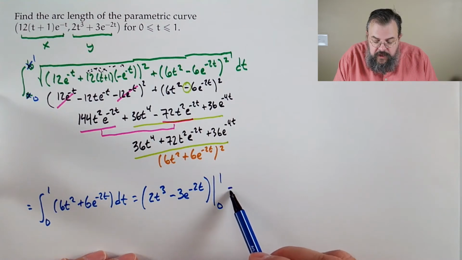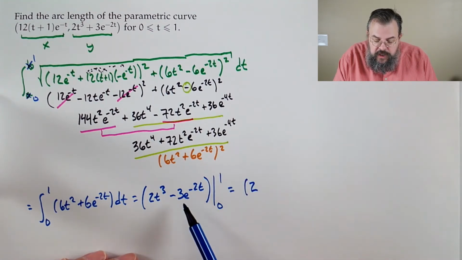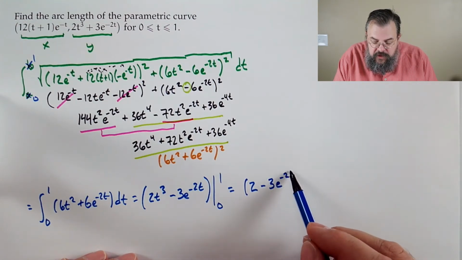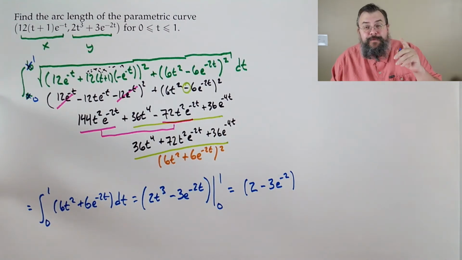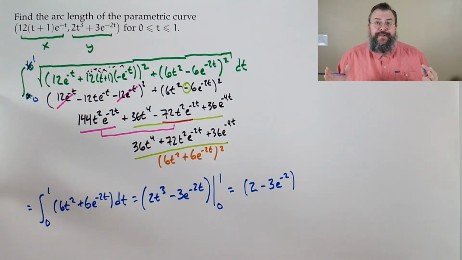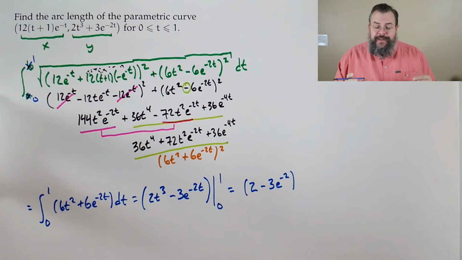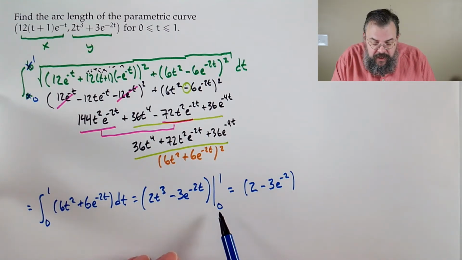Well, so what is that? Plug in 1. You get 2. And then here, minus 3e to the minus 2. Okay, are we done? Don't forget to plug in 0. See, so often when we plug in 0, we get 0. Sometimes we forget to even do it. But we can't forget. You got to do it. Because maybe it won't be 0. See, let's look.